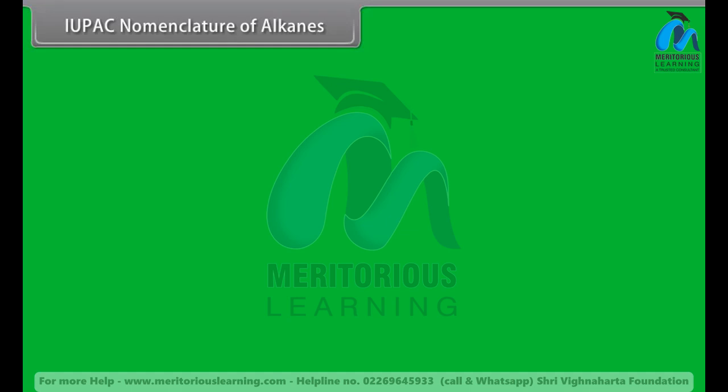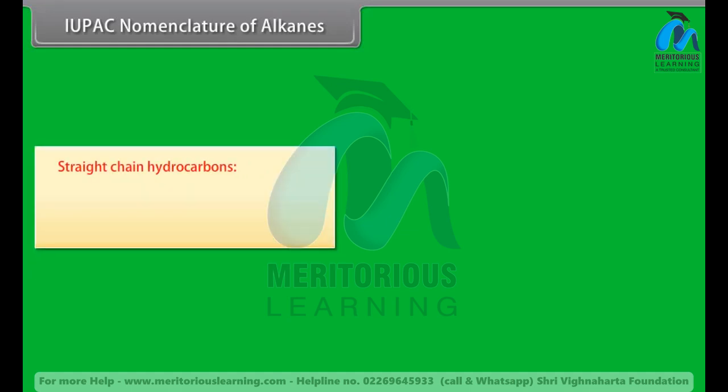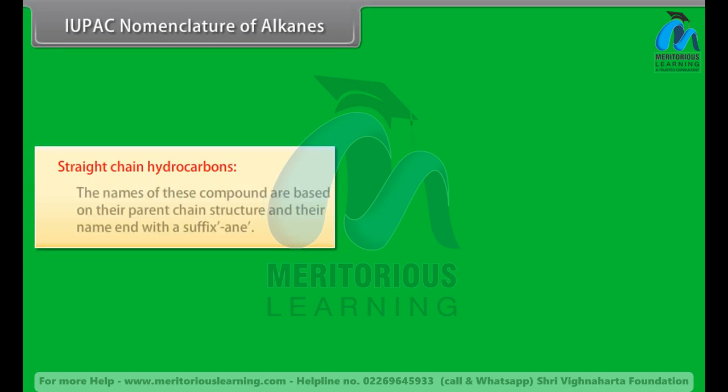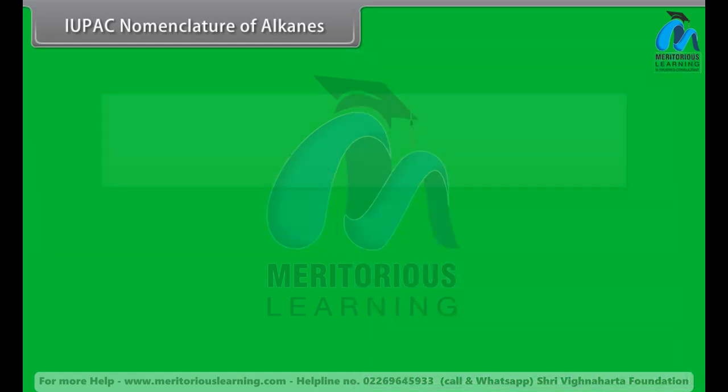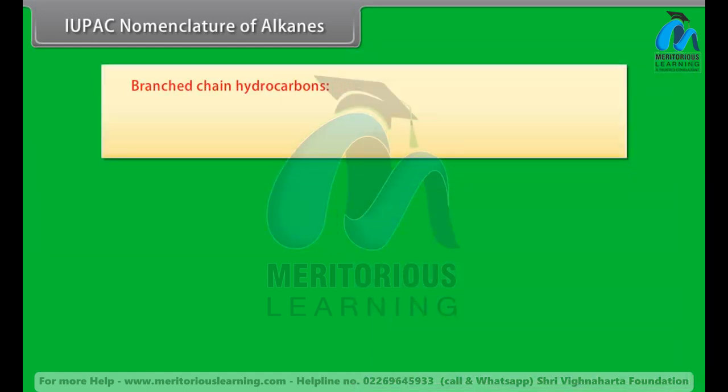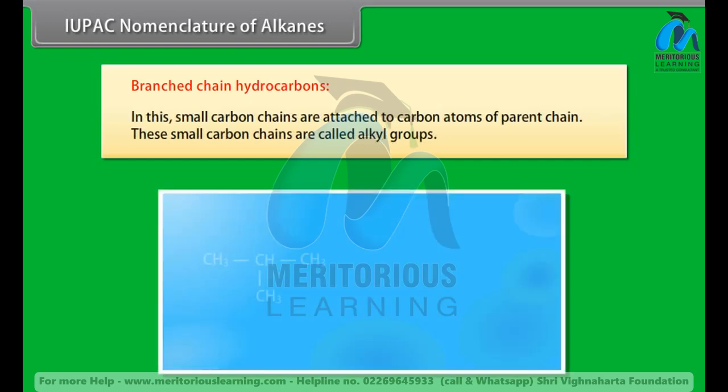IUPAC nomenclature of alkanes. Straight chain hydrocarbons. The names of these compounds are based on their parent chain structure and their name ends with the suffix -ane. Branched chain hydrocarbons. In these, small carbon chains are attached to carbon atoms of the parent chain.